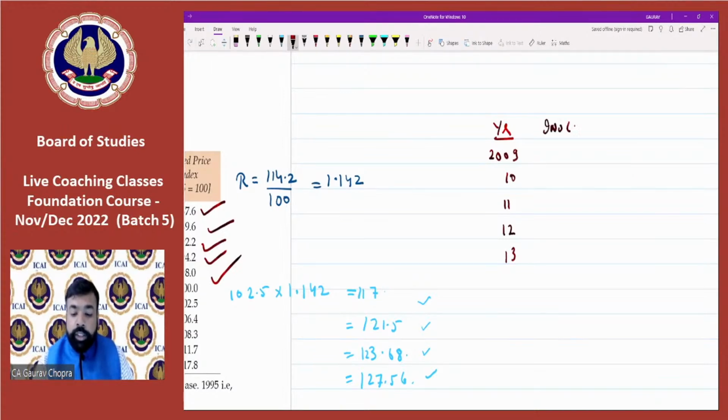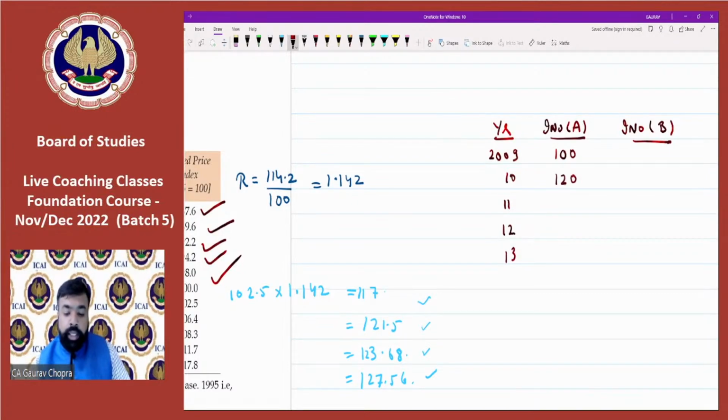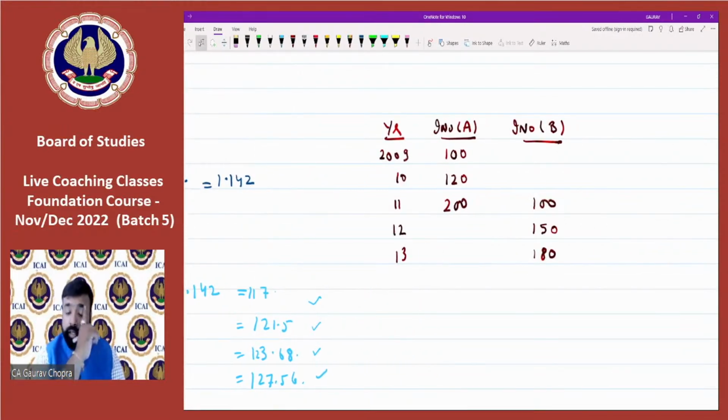Then there is a series of index numbers: this is series A and index number series B. Index number series A is having 100, 120, and then 200. Index number series B: 100, 150, and then 180. This is given. Now you have to complete the series.